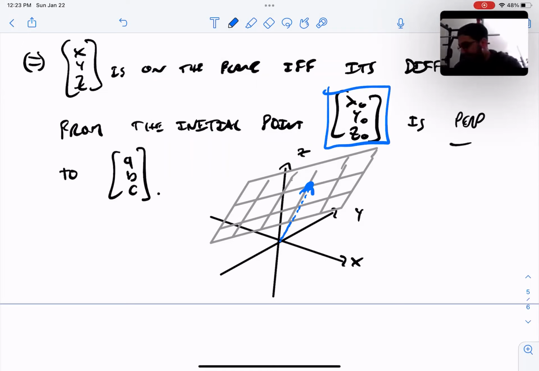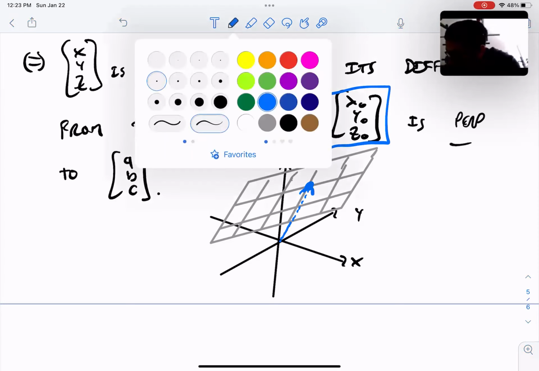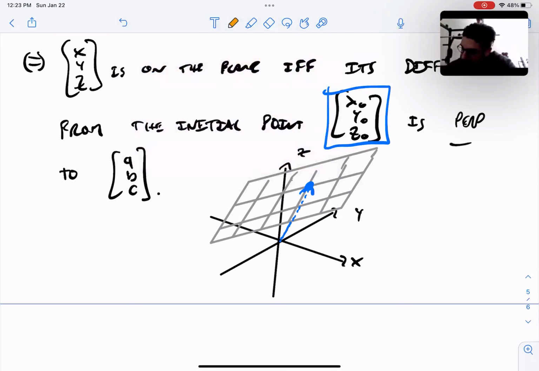And now I also have some normal vector. Imagine it like this. This is our normal vector, (a, b, c). This vector forms right angles to any direction that's in the plane.